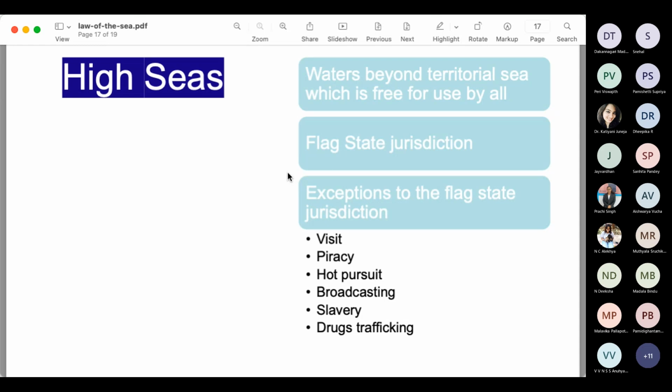So the hot pursuit of a foreign ship may be undertaken when the competent authorities of the state have good reason to believe that the ship has violated the laws and regulations of that state. What you should understand by hot pursuit is this: while we are talking about jurisdiction, what if a ship commits some crime in the vicinity, or under the jurisdiction, of a state, and thereafter flees to the high seas, because there is no jurisdiction therein?